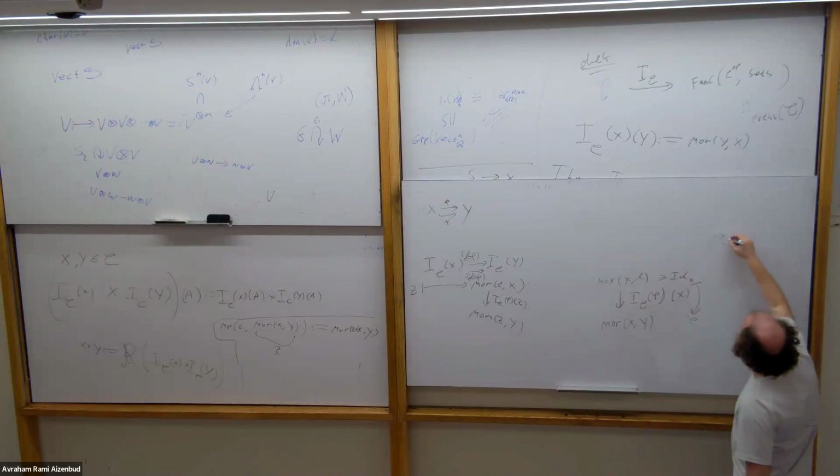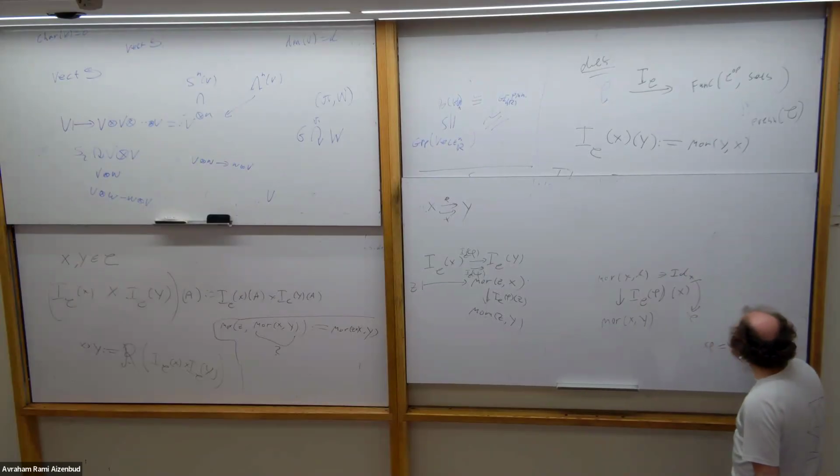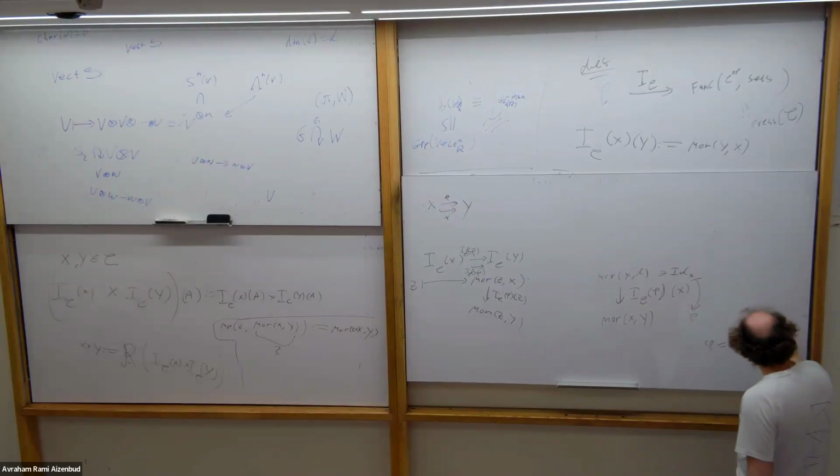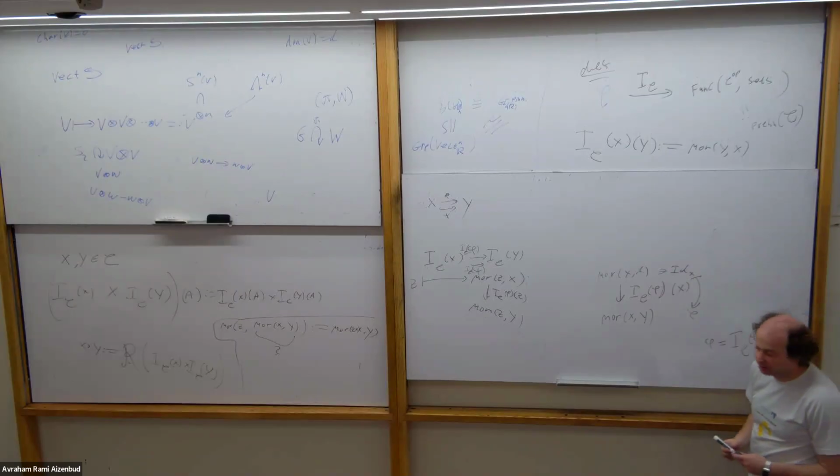So phi is equal to IC applied to phi applied to identity X. And if you write psi here, we get psi here. So if these two guys are the same, then phi and psi have to be the same.